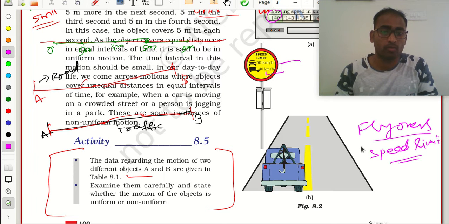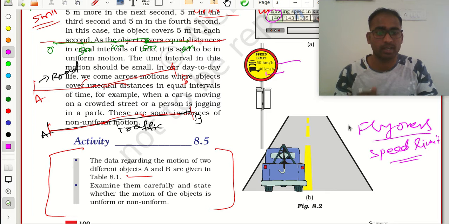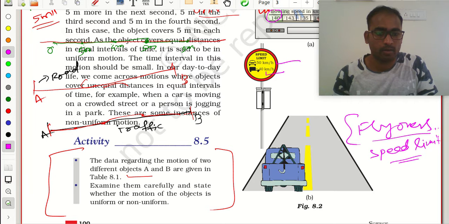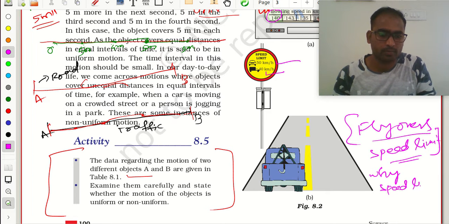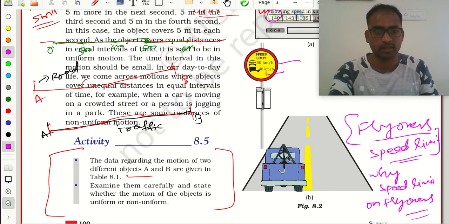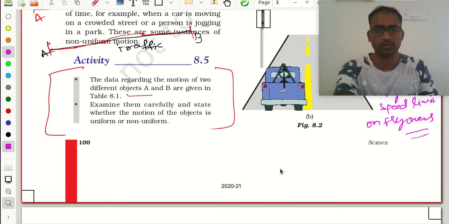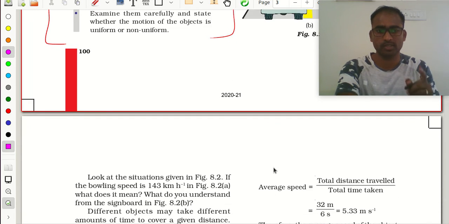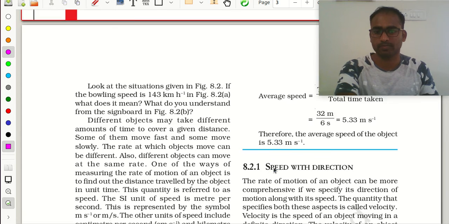So why do we need a speed limit on flyovers for trucks, bikes and cars? Please think about this, and I will ask you in the next class. Why a speed limit on flyovers? It has a technical reason only. Because of that only, some speed limit will be there on flyovers. So you just think and solve that problem.